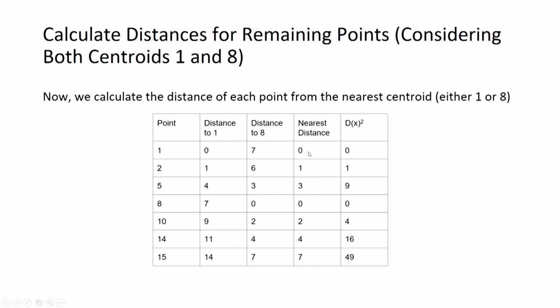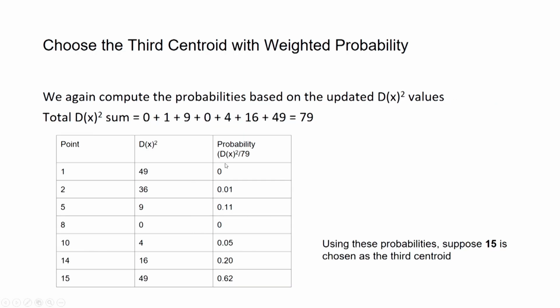Then we take the square of these distances. After calculating the squares, we divide these squared distances by their sum. So, we again get probabilities that are proportional to the distance of these data points from the clusters, and we have two clusters.